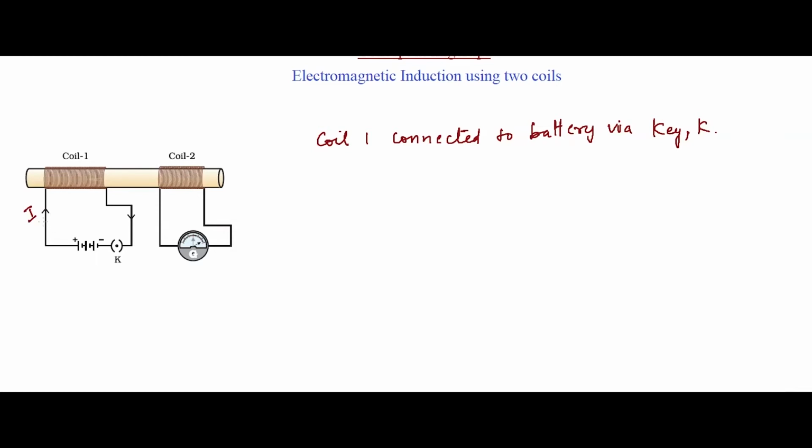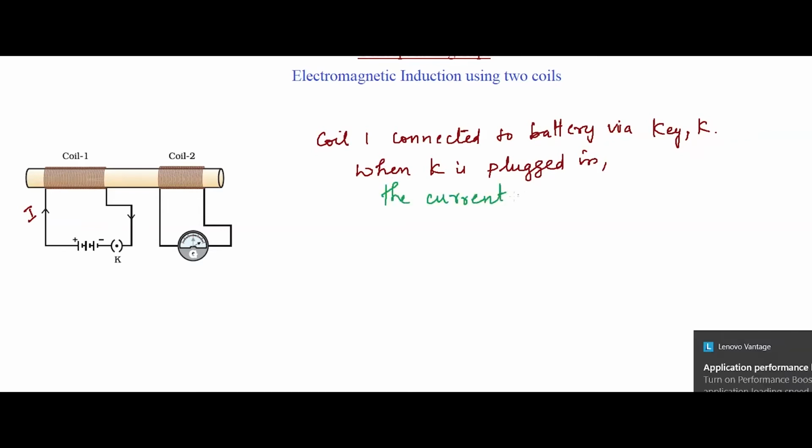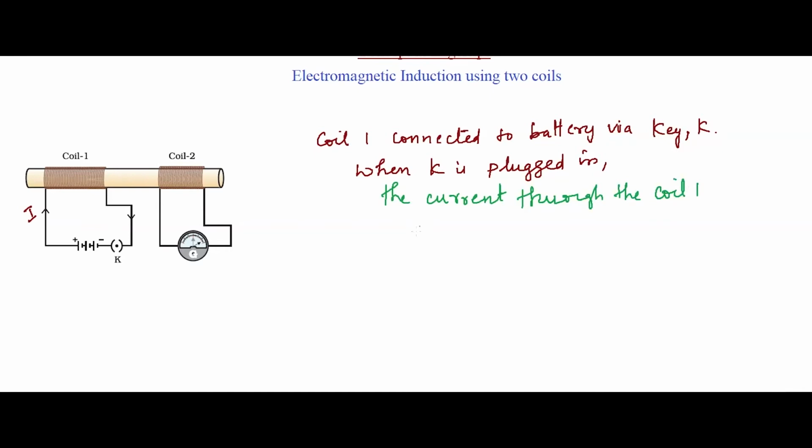So when K is plugged in, the current through coil 1 increases from 0 ampere to the maximum value I in a very small interval of time.